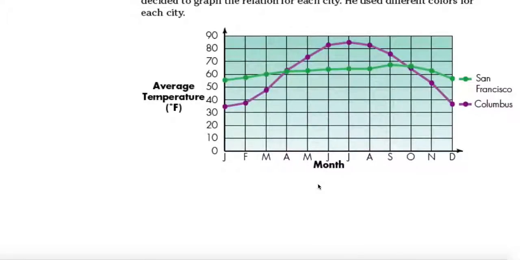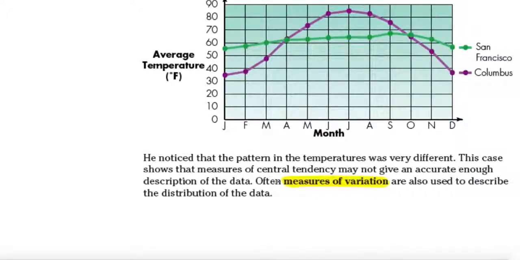So what does that mean? Let's find out what it means. He noticed a pattern in the temperatures that was very different. This case shows that measures of central tendency, which is what he did first, finding the mean and finding the median, may not give an accurate enough description of the data.